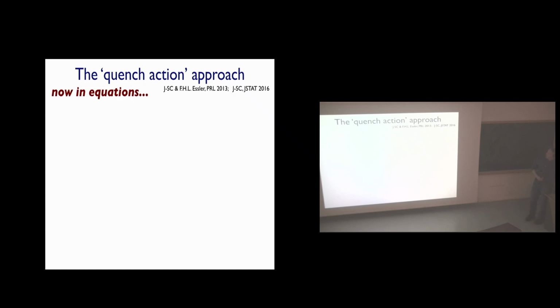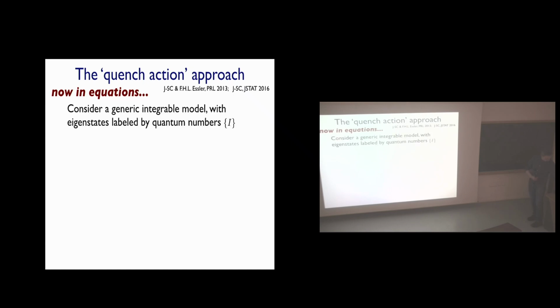Okay. So let me just take a few minutes to show you equations for this, because I want to make clear what the assumptions are for this. If you're completely lost, it's not going to help you. And maybe if you know about integrable models, it's not going to make you happy, but I'll try anyway, okay? So what am I doing? Well, first of all, I've got an integrable model.